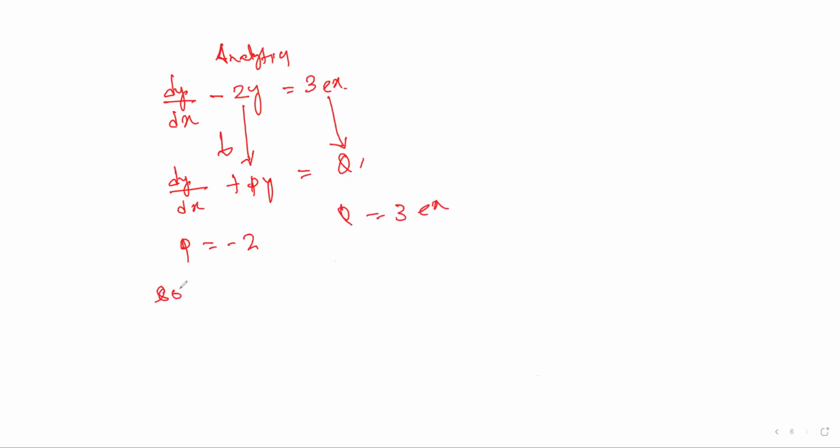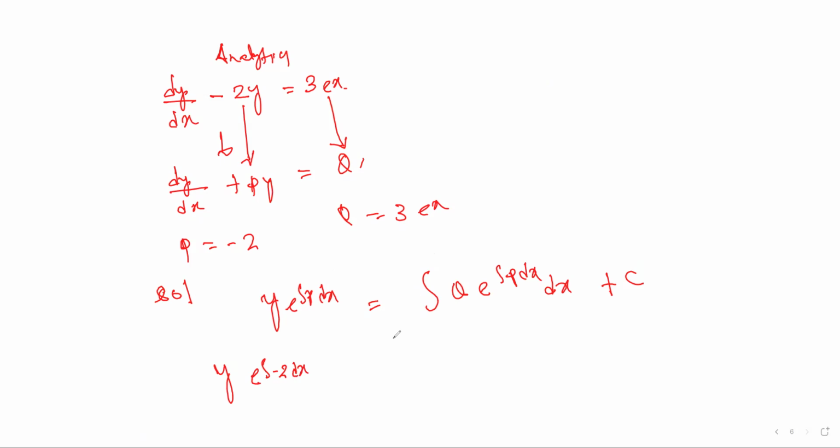Now the analytical solution to this equation is given as y times e^(integral of P dx) equals the integral of Q e^(integral of P dx) dx plus c. So just calculate e to the integration of P, which is minus 2 dx, so minus 2 dx becomes minus 2x. Here you put 3e^x into e^(-2x) dx plus c.